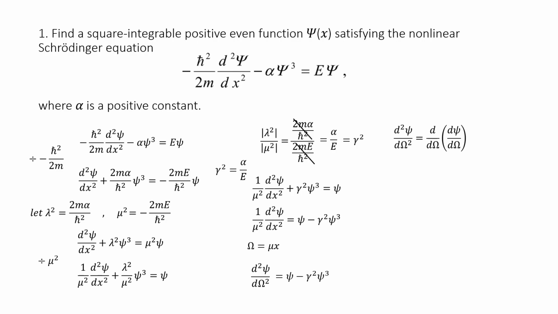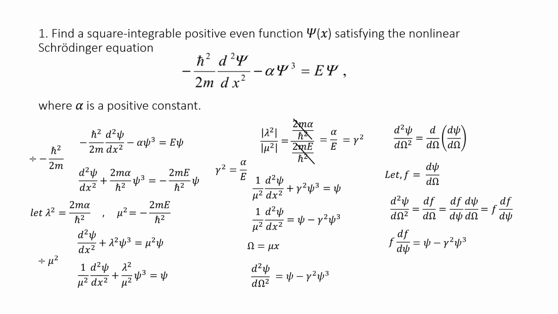We can let f equal d phi over d omega. So d squared phi over d omega squared equals df over d omega. And we can expand this out a little bit, as our d phi's would cancel in this case. But notice how d phi over d omega is the same as the f that we let it be. So we get f equals d phi over d omega.